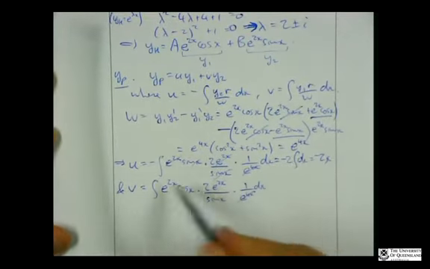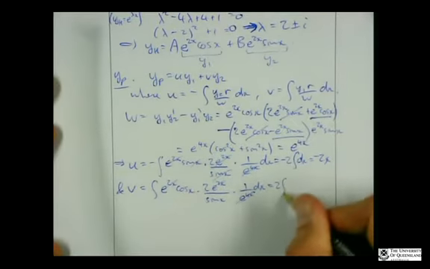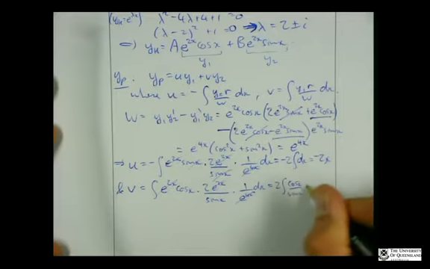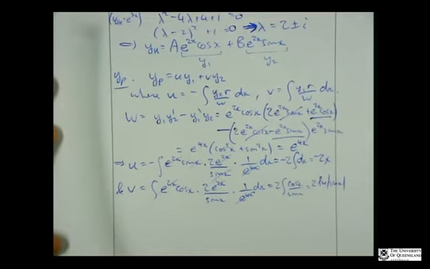So we get the exponential terms cancelling in this case. So now we just have to integrate 2 times cos x over sine x, which is just 2 times the natural logarithm of sine x.